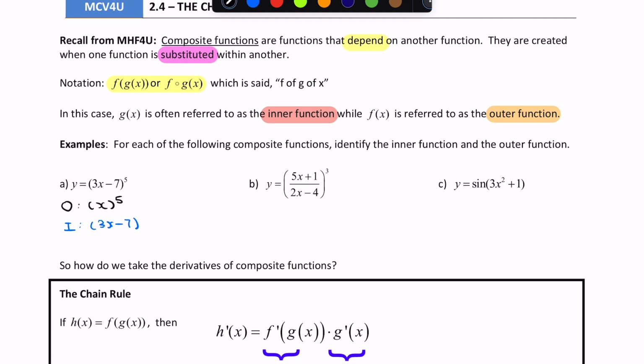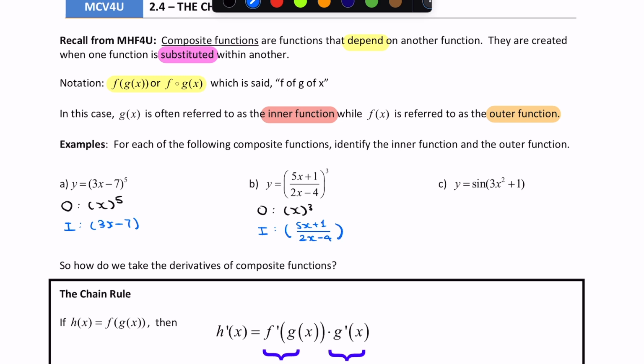If you look at b here, the outer function would be x to the power of 3, and the inner function is 5x plus 1 over 2x minus 4.